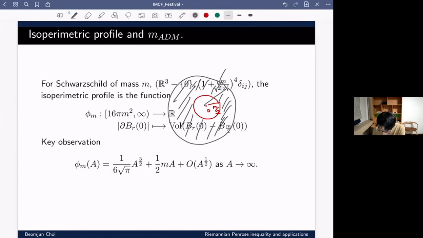I didn't compute it in this slide, but what we obtain is this expansion here. As A increases, your R will increase. And since my manifold is asymptotically flat, asymptotically close to Euclidean, we can expect that the volume should first be close to the volume of the Euclidean ball. So that's here. Remember, this is the C2 that I computed in the first part.